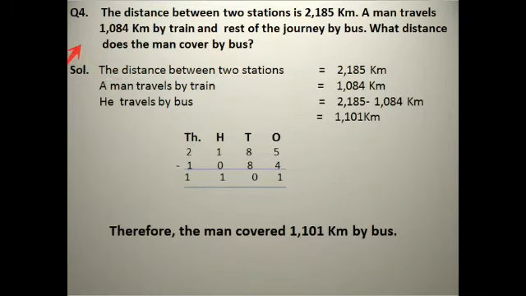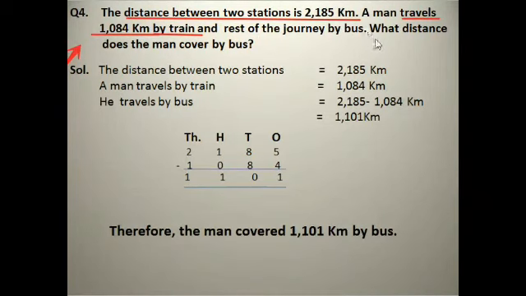We underline some information: the distance between two stations is 2185. A man travels by train 1084 km and the rest of the journey by bus.